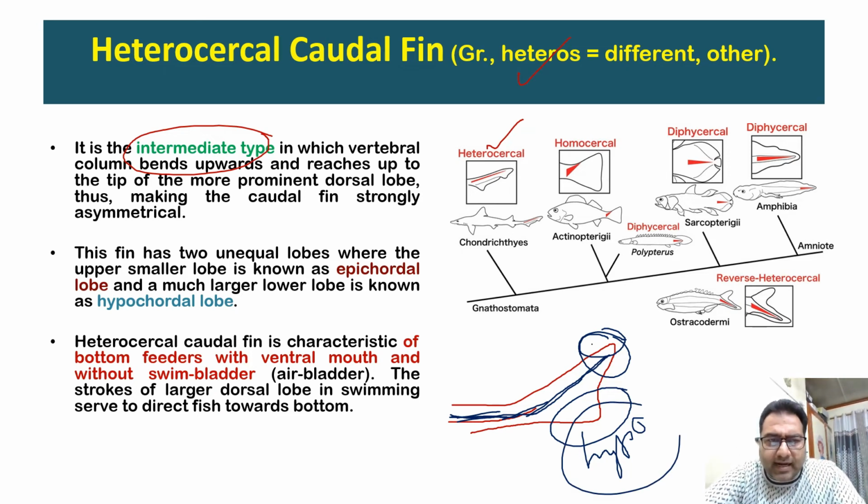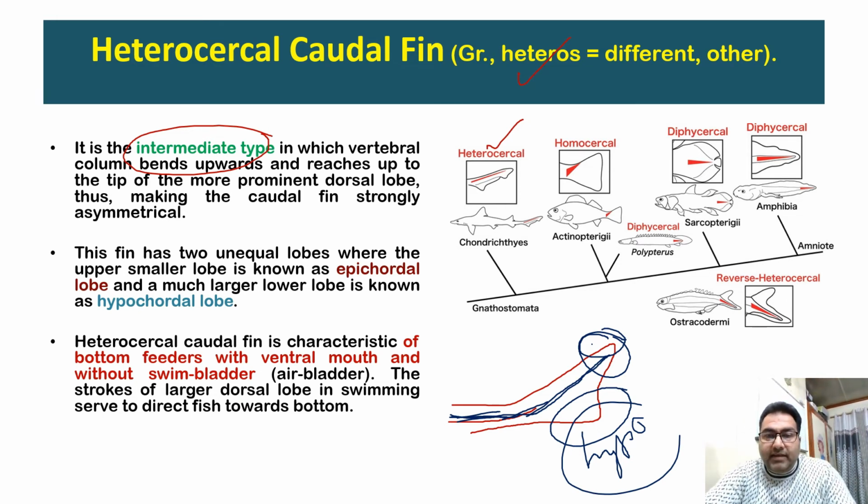Heterocercal caudal fin is a characteristic feature of the bottom dwellers, with ventral mouth, without swim bladder. The strokes of the larger dorsal lobe in swimming serve to direct the fish towards the bottom.